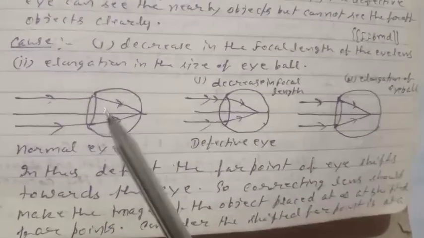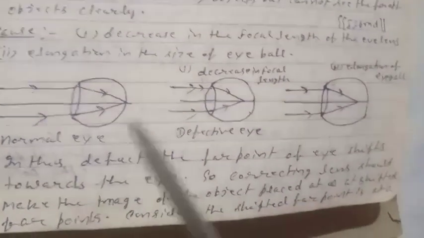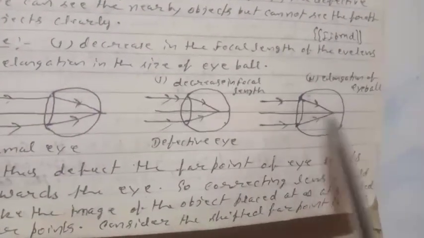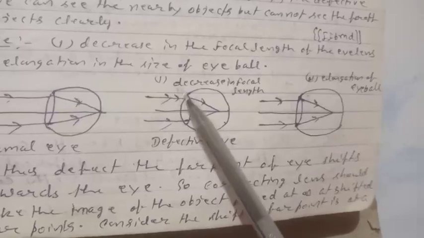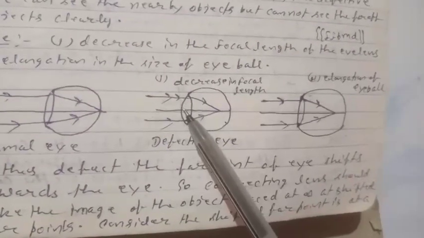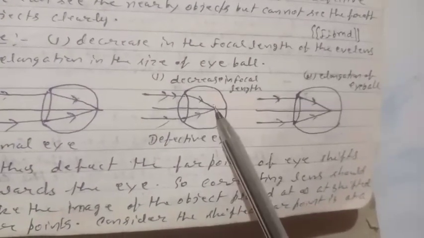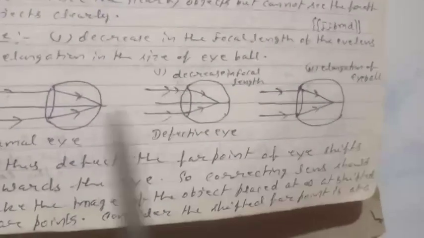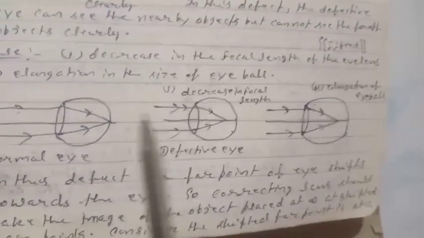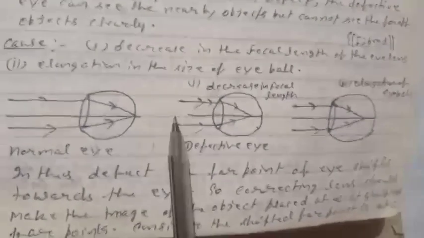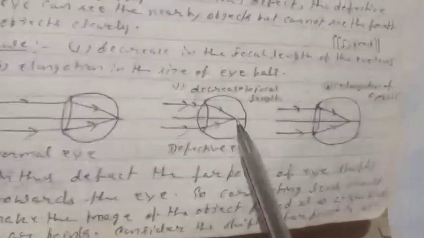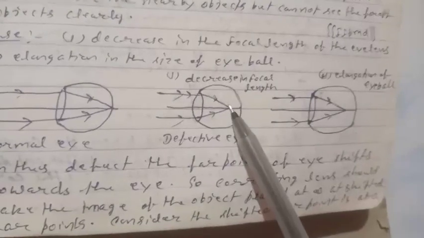Here a normal eye is shown, and this is the defective eye, and this is also the defective eye. Here the focal length has decreased because the lens curvature has increased. So the rays coming from a far object are parallel, and the parallel rays are focused at the focus.